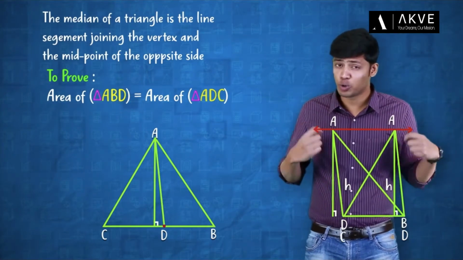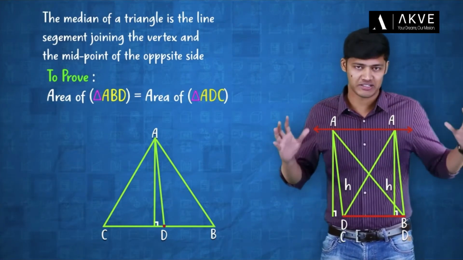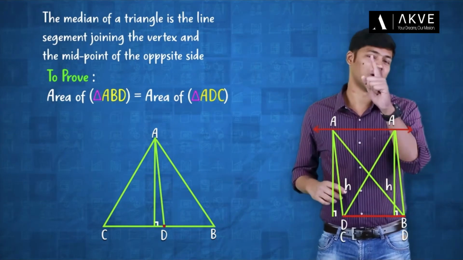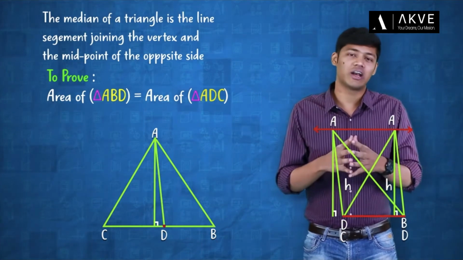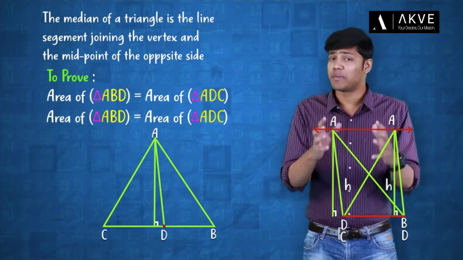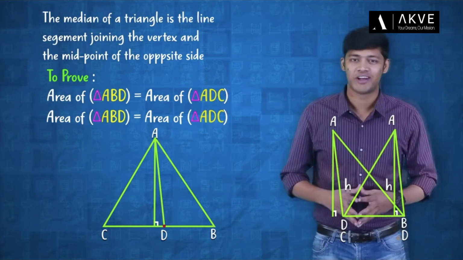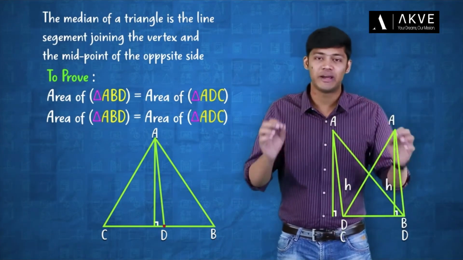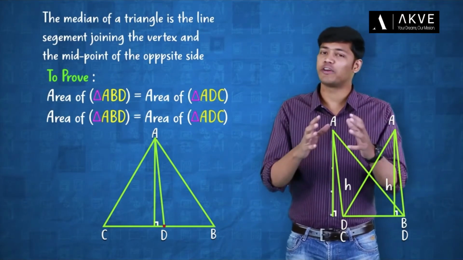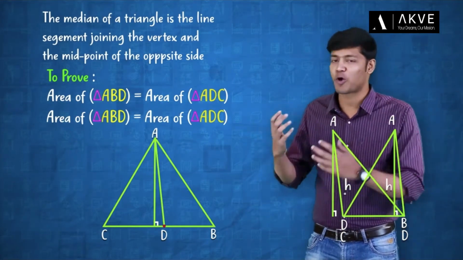Yes, we get two triangles which are on the same base and between the same parallel lines. And what do we know about such triangles? Yes, you are right. Their areas are equal. So, we proved that the area of the triangle ABD is equal to the area of the triangle ADC. From this, we can conclude that the median of a triangle divides the triangle into two triangles of equal area. So, we have successfully completed our problem.